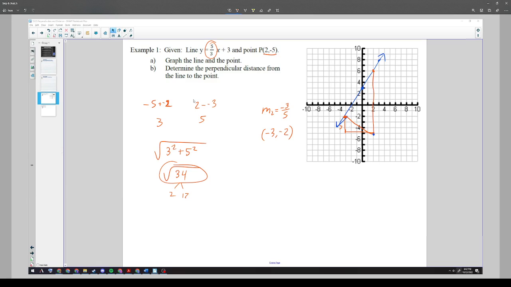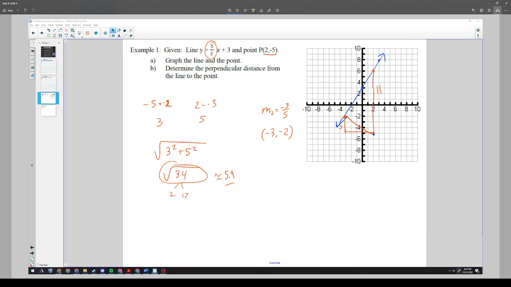But there we would have traveled 11 units, which is much more than the square root of 34, because remember, this is a little bit less than 6, maybe 5.9, because the square root of 36 would be 6. So traveling straight up to get to the line would be way, way further.